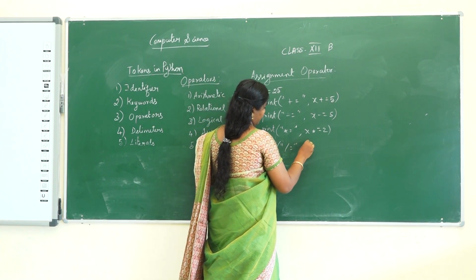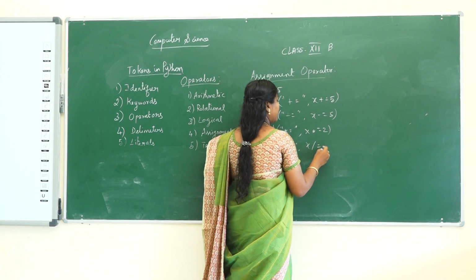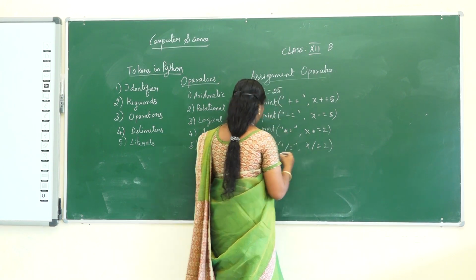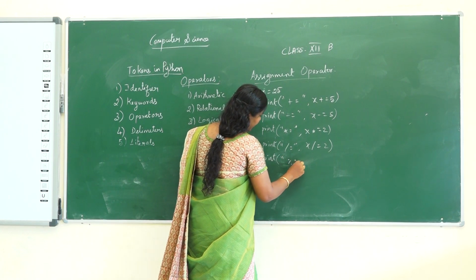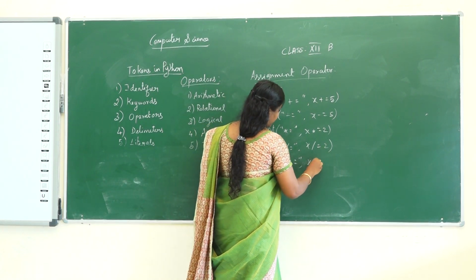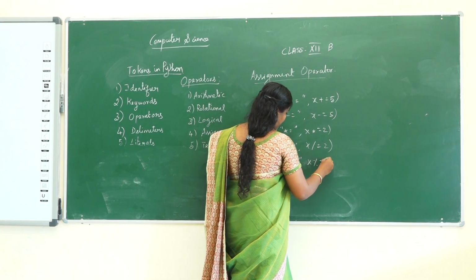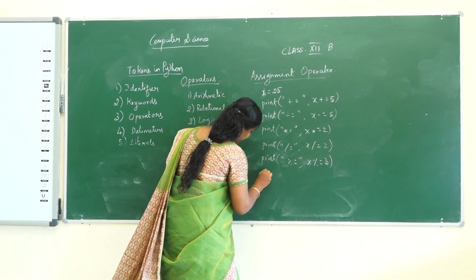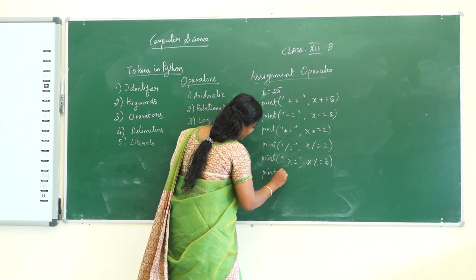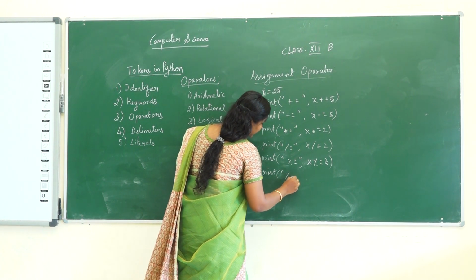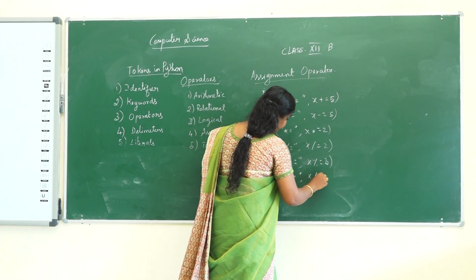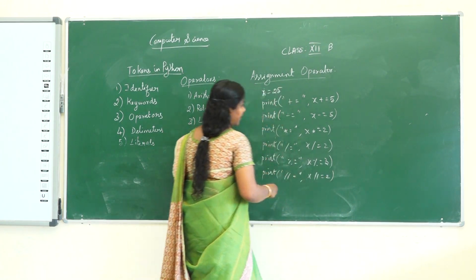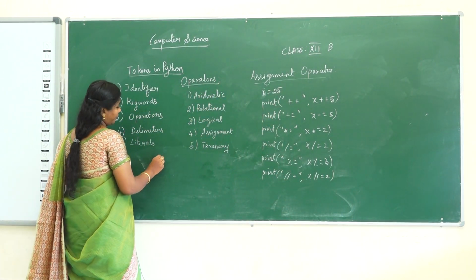Slash is equal to, so x slash is equal to 2. Modulo equal to, so x modulo equal to 3. And next one, print, just I am giving a number, when we go on to calculation. Let us see, double slash. Okay. So, let us see what will be the output for it.